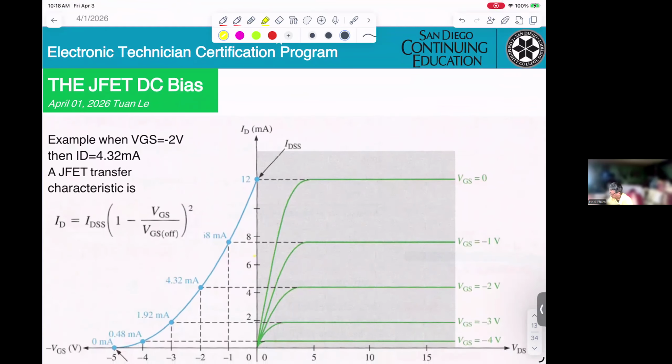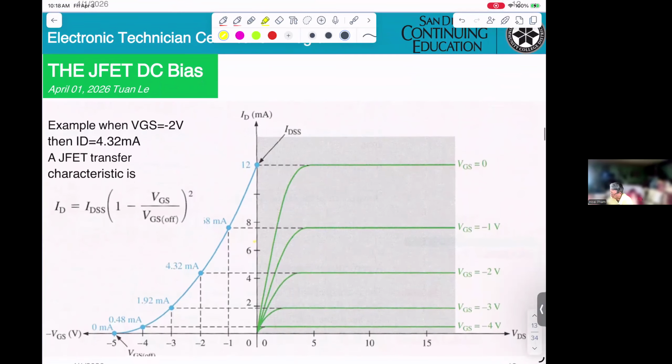Now, an example. When VGS equals minus 2 volts, if you want to know the ID, you can see the line here.